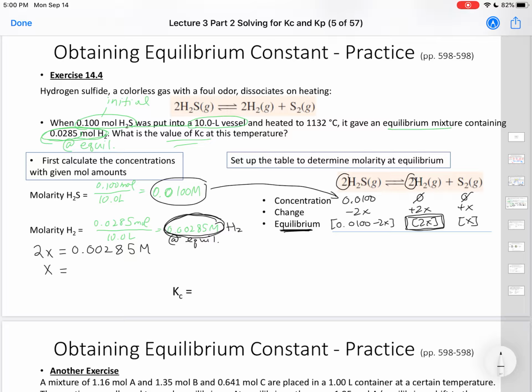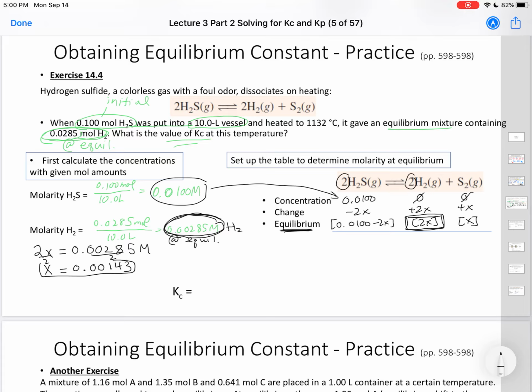So because of that, x is equal to 0.00143. So I'm dividing this side by 2. I'm dividing this side by 2.